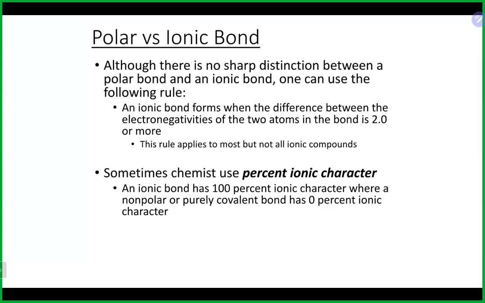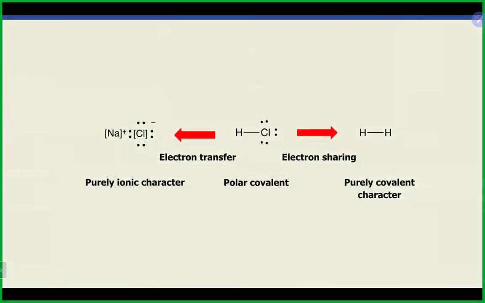If you're 100% ionic character, that means you pretty much have an ionic bond. If you're 0%, you pretty much have a pure covalent bond. Most people stick to polar and nonpolar, but some people will use percent ionic sometimes as well. All right.